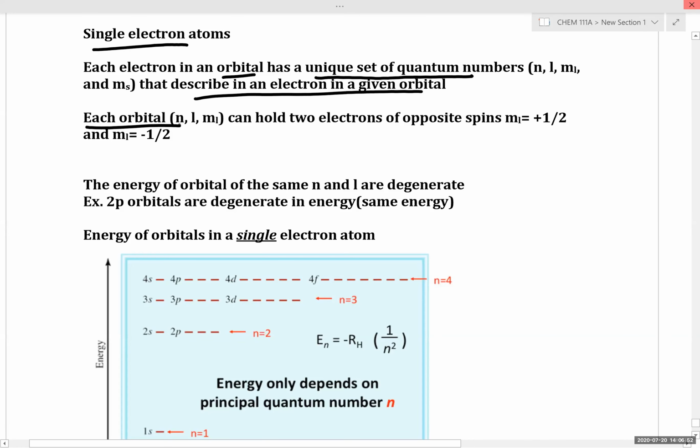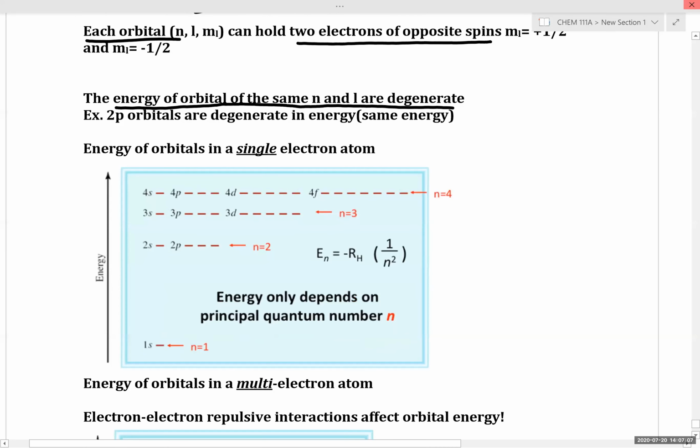Each orbital can hold 2 electrons of opposite spins, and orbitals with the same n and L value are degenerate. So for a single electron atom, for the same n value, we have the same orbital energy.